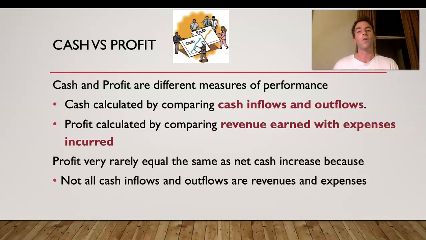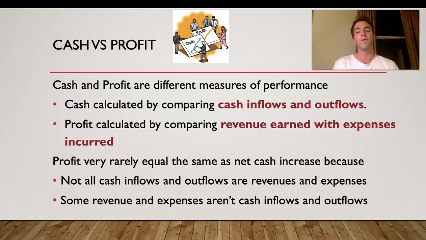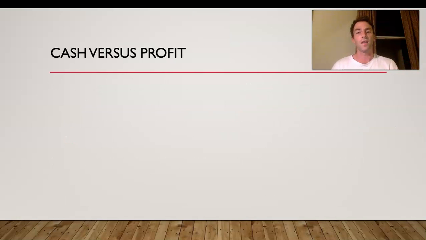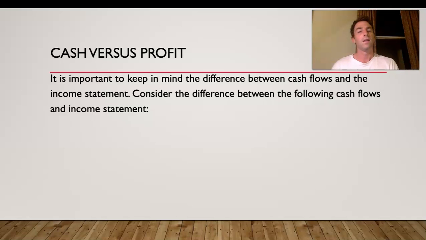Why? Because not all cash inflows and outflows are revenue and expenses, and not all revenue and expenses are inflows or outflows. Some revenue and expenses have nothing to do with cash. Some cash inflows or outflows have nothing to do with revenue and expenses. So, for example, there are a number of cash inflows which are not considered revenue, and there are some revenues that don't result in a cash inflow.